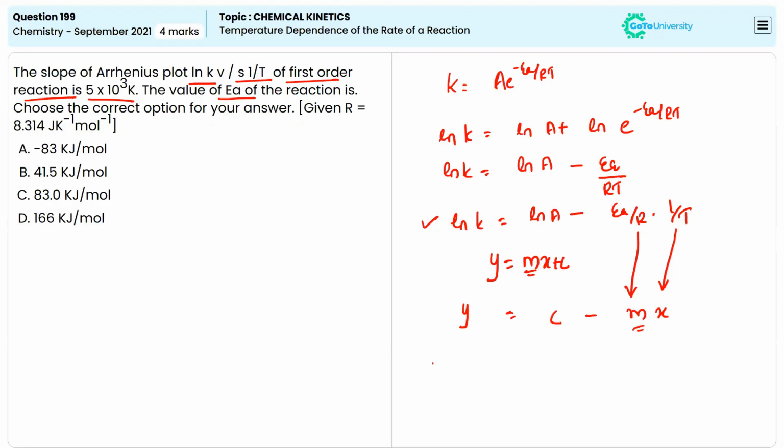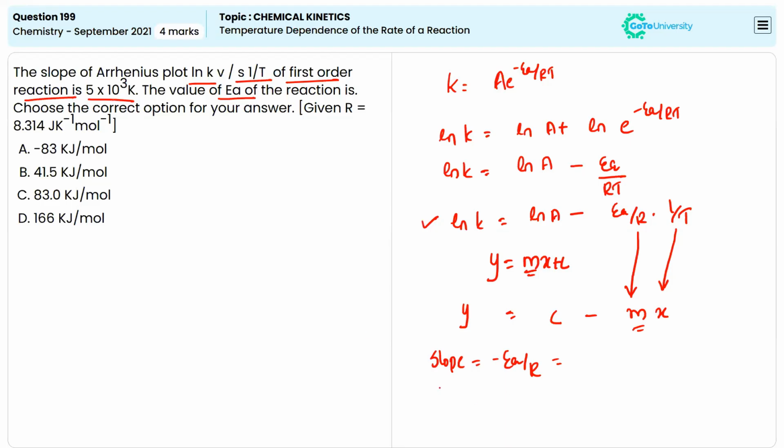So slope is equal to minus Ea divided by R. We have to find the slope and then the activation energy. The slope is given as 5 times 10 to the power 3.